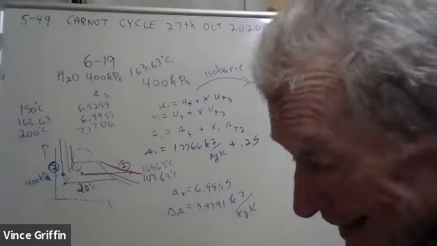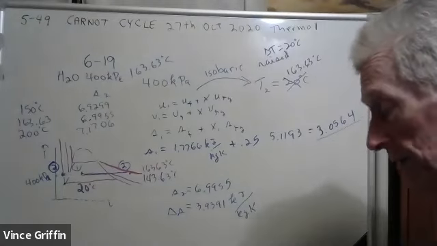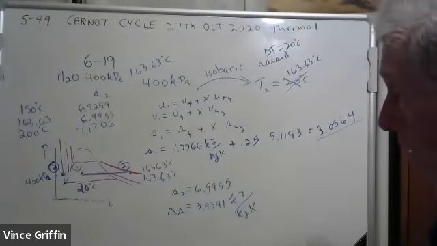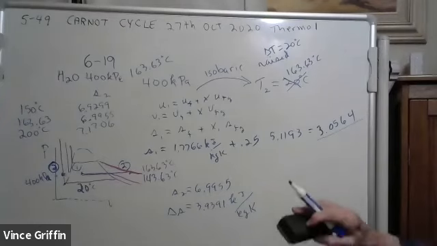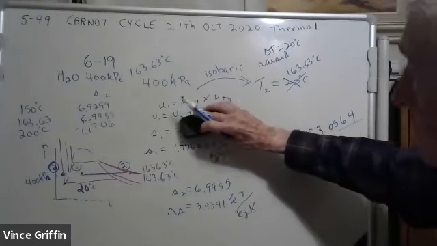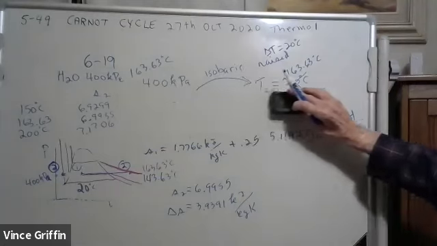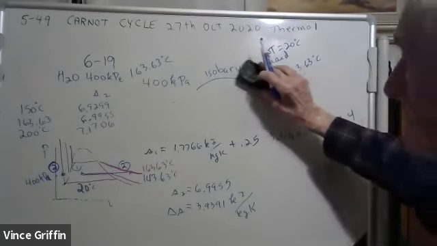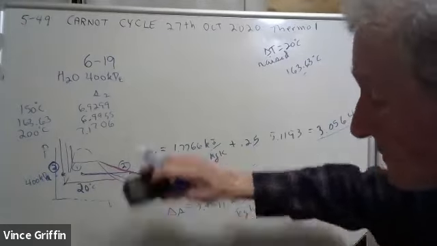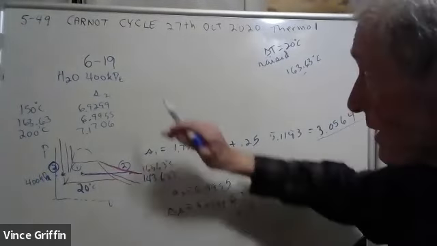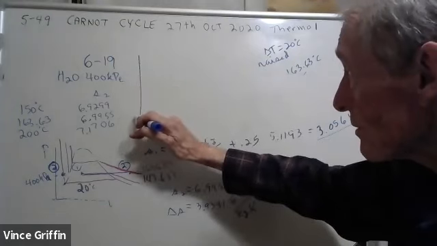Now let's do the TS graph. That would be fun. We have a lot of info here. We have our delta S and our S2 and our S1. We just need some room. Here, let's do it up here. Okay, here we go. We're going to do a TS diagram.